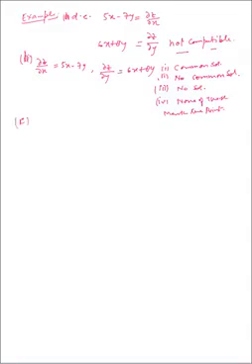C is show that the differential equation P is equal to x square minus ay, q is equal to y square minus ax are compatible, and find their common solution.